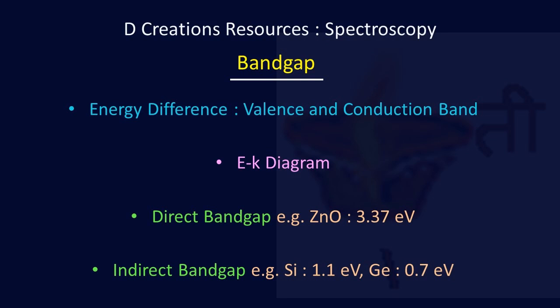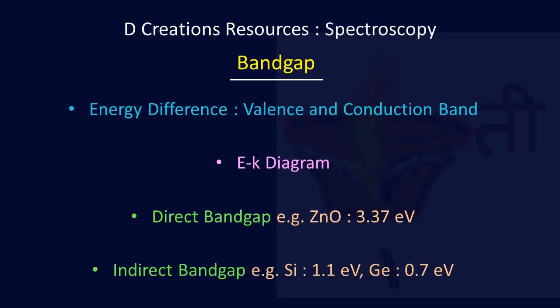Now, this recombination of electron and hole is going to require a third particle to transfer momentum. So it will require a phonon, for example. So it's less efficient, so to say.